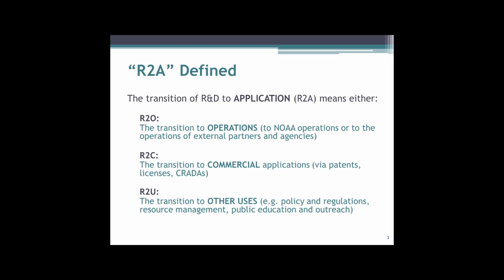And then the last category, research to other uses, is a catch-all category, but not insignificant in that NOAA does a lot of this, where research and development is done that eventually is applied to government policy and regulations, resource management, public education, etc.